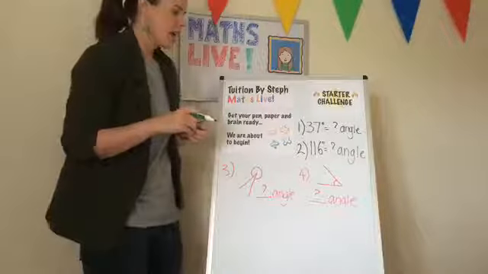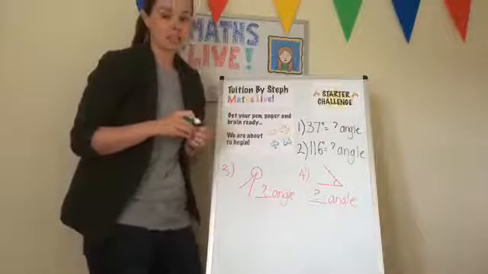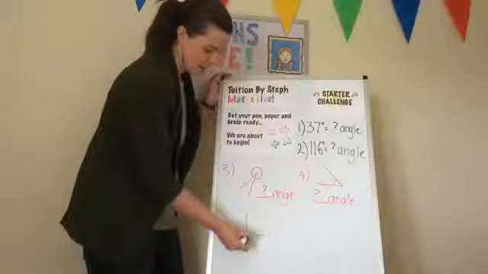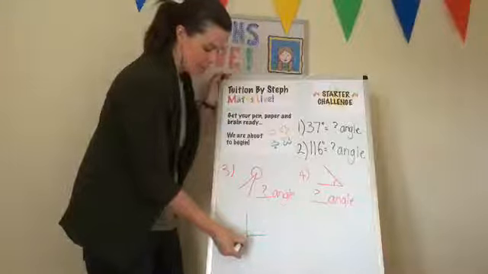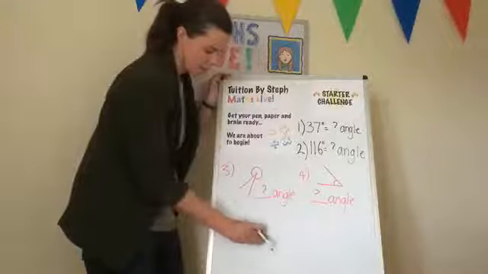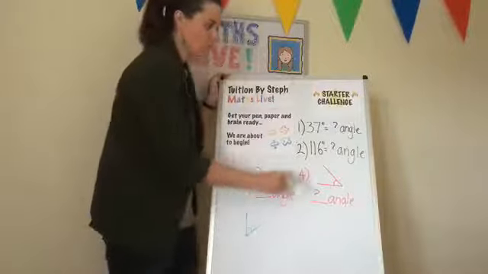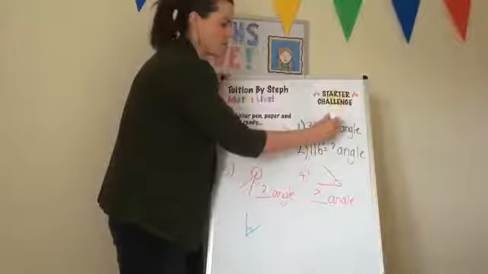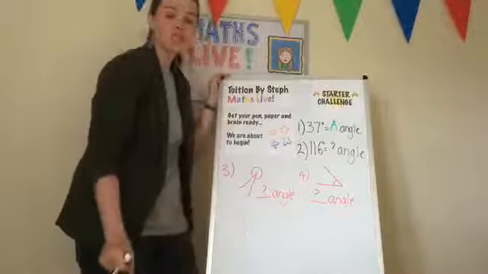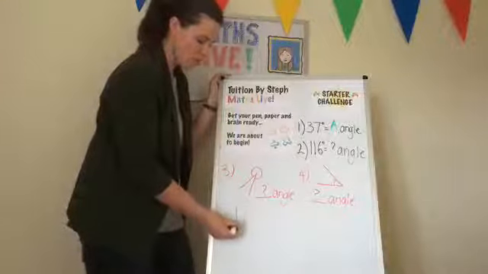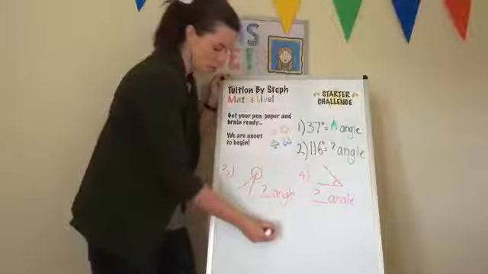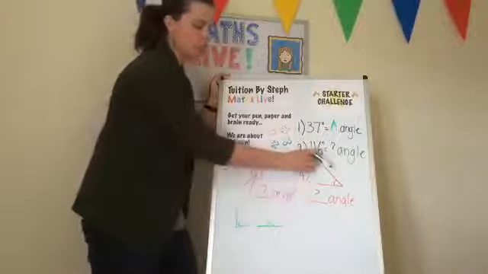So, if an angle is 37 degrees, a right angle is exactly 90. So anything less than a right angle is an acute angle. So I'm going to put A for acute. 116: if we know that a right angle is 90, and we know that a straight line is 180, this falls in between.